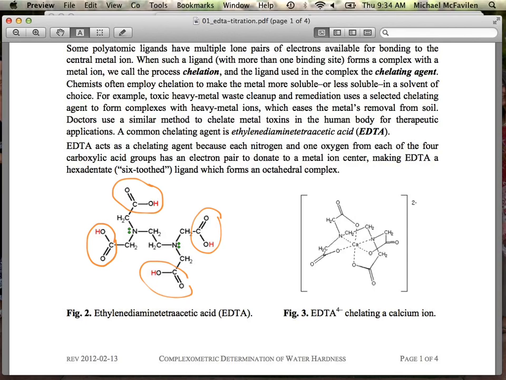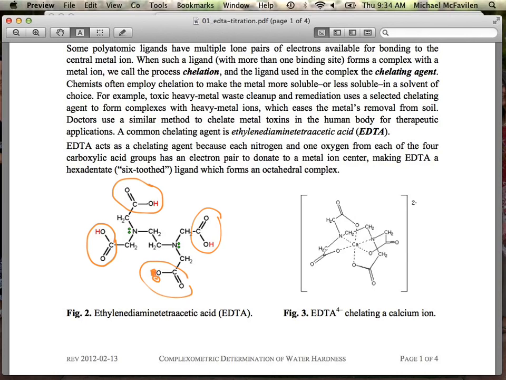hydrogen ion. What charge is a hydrogen ion? Positive. Which means if we remove that hydrogen, what charge does that oxygen become? Negative. What's special about that negative? What does it want to interact with? A positive. Where do we have a positive? Our metal ion. Okay?